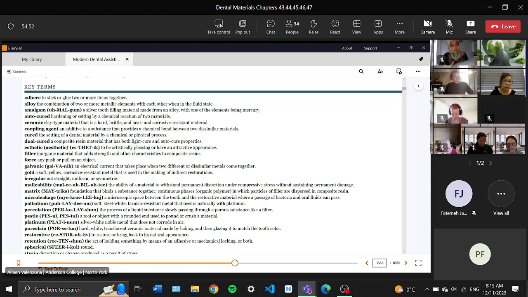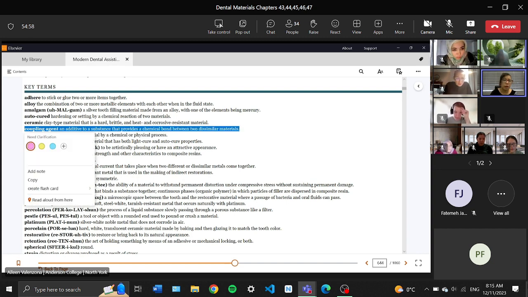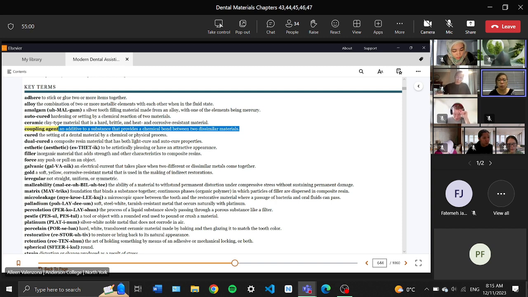I know with your assignments, we asked some of this, right? So you can get it. And when you are doing assignments, we have to understand, not just write, okay? Coupling agent is an additive to a substance so that it will provide a bond between two dissimilar materials. Bond meaning to adhere, or to hold.